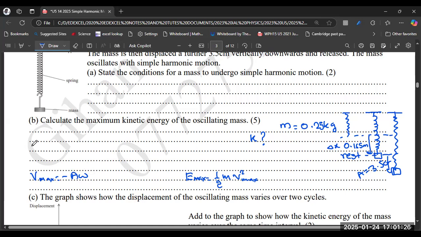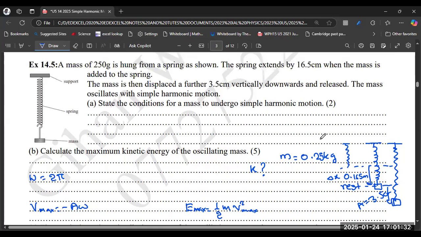Omega we need to find. Omega is equal to what? 2 pi over, did they give us anything? No. Omega is equal to 2 pi over capital T. Then to find omega, we need T, which is equal to 2 pi square root of m over k.